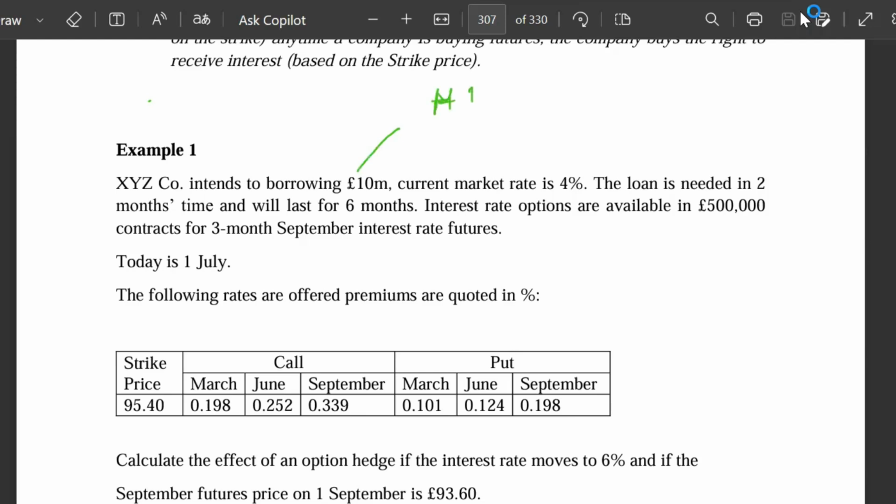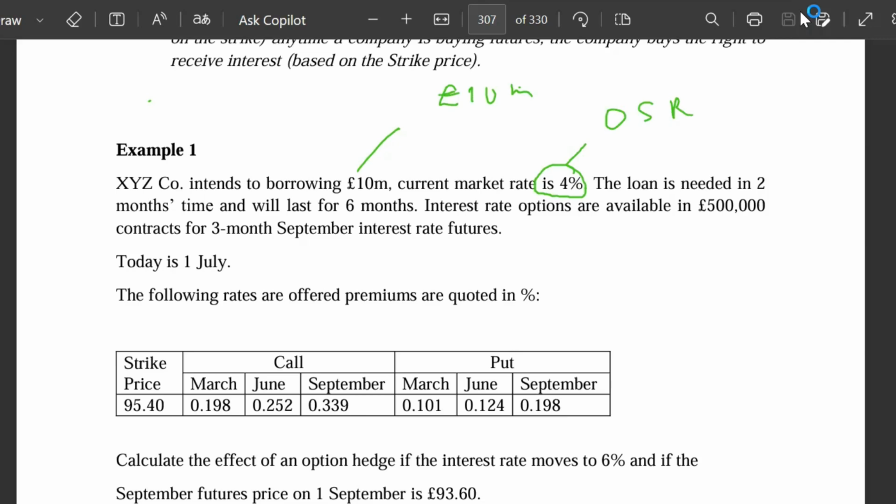The current market rate is 4%. So what is this current market rate? It could be LIBOR or NIBOR or whatever, but the current market rate here is the opening spot rate, 4%.